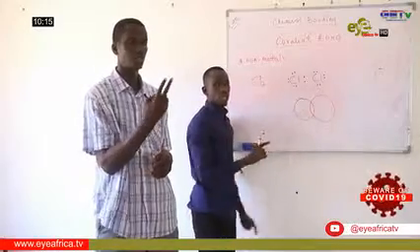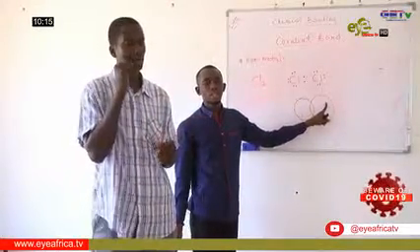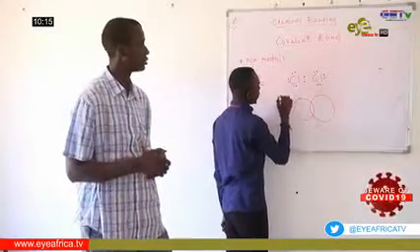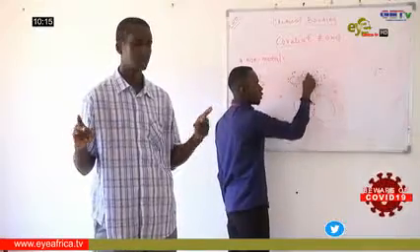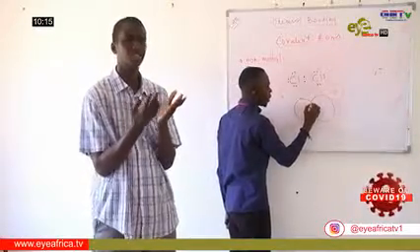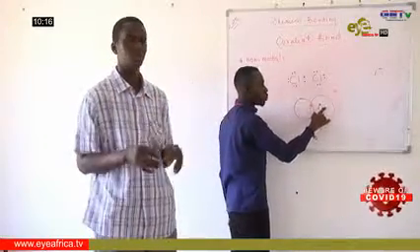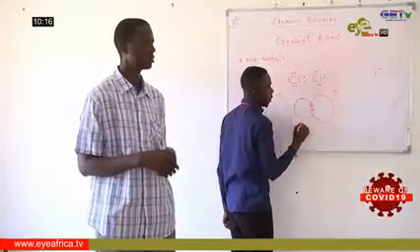Here I'm just trying to draw the last shell, that is the valence shell. This chlorine has 7 valence electrons, and they share 2 electrons, which means this chlorine will bring 1, and this chlorine also will bring 1. So I will use a different symbol for this chlorine atom, a dot for this chlorine.